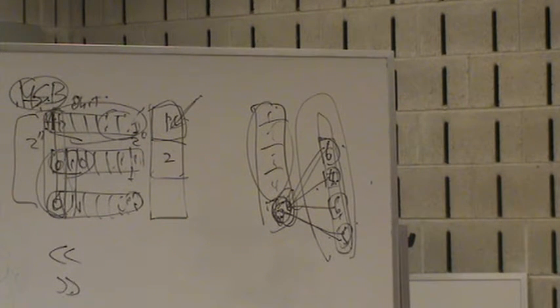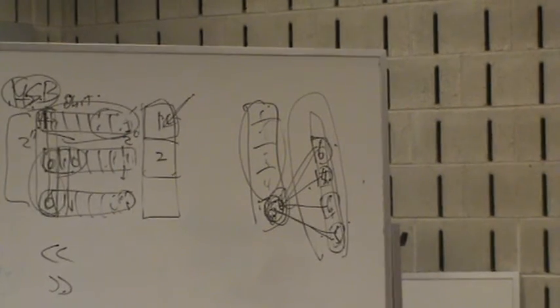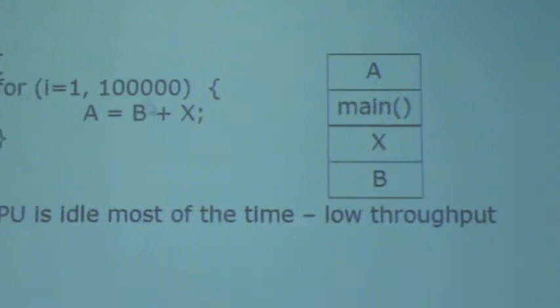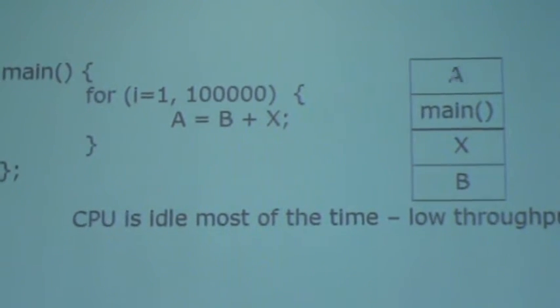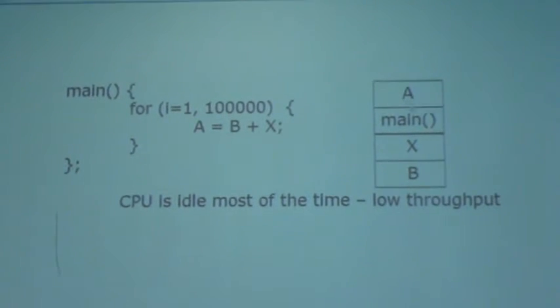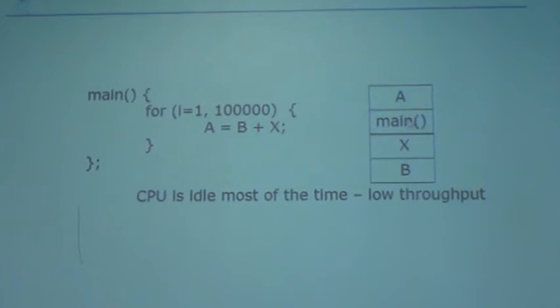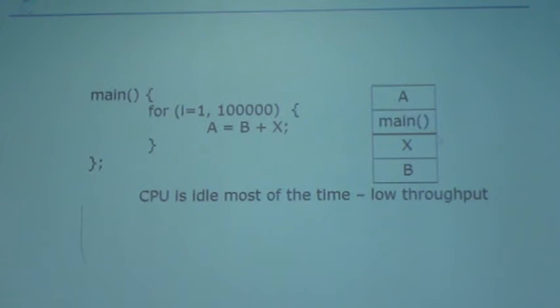For example, here is a for loop to add up 1 through 100,000. We have 4 page frames, and each frame holds only one item: A, main, X, B. In this loop you need I, so you need to find a victim.